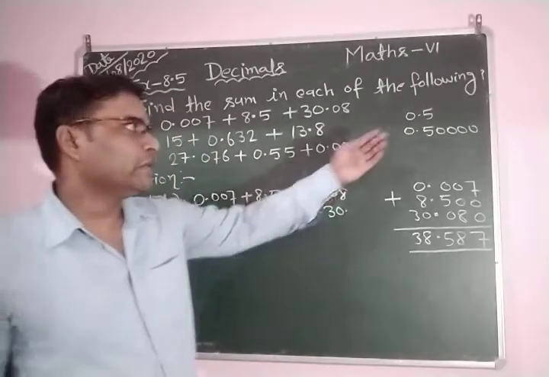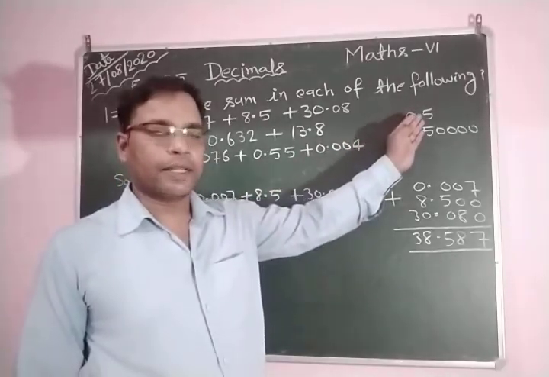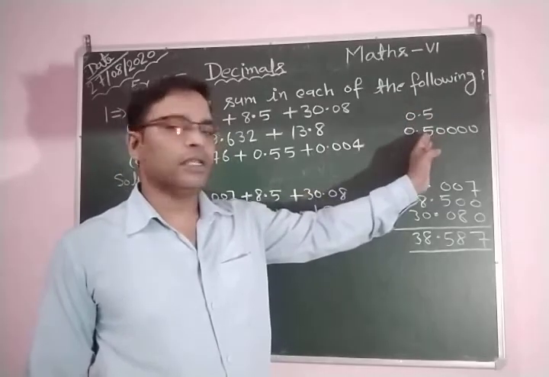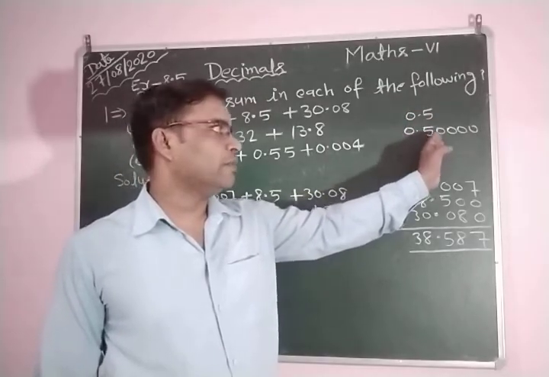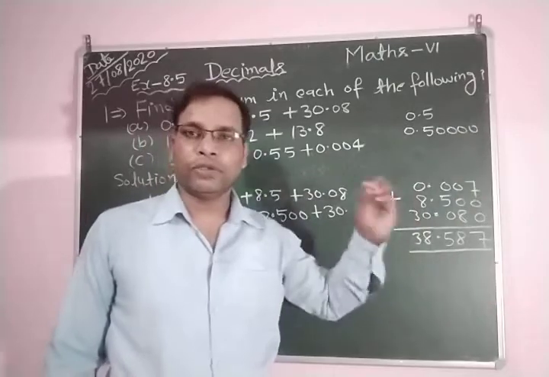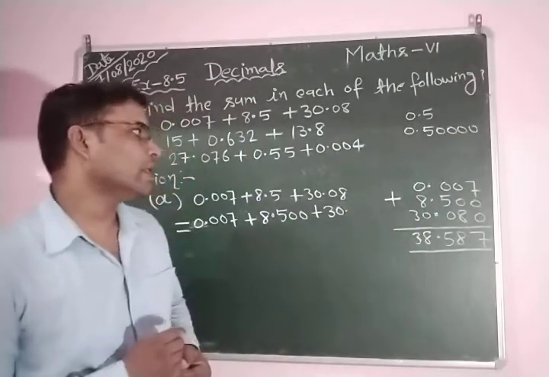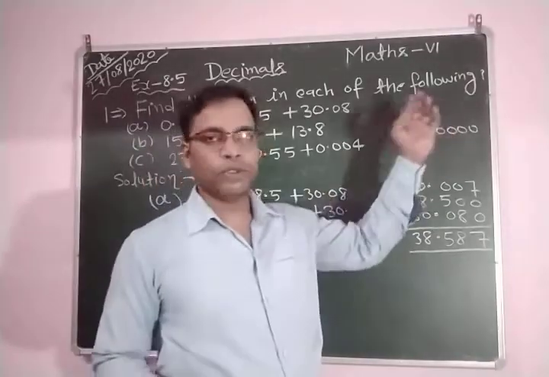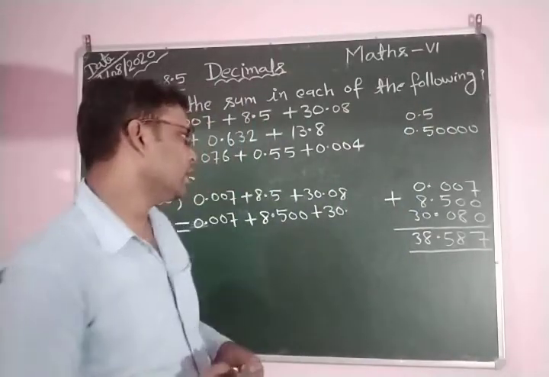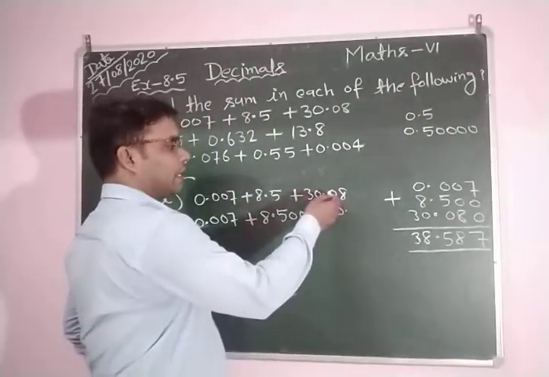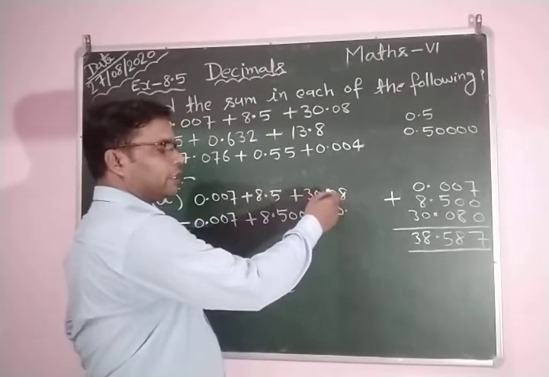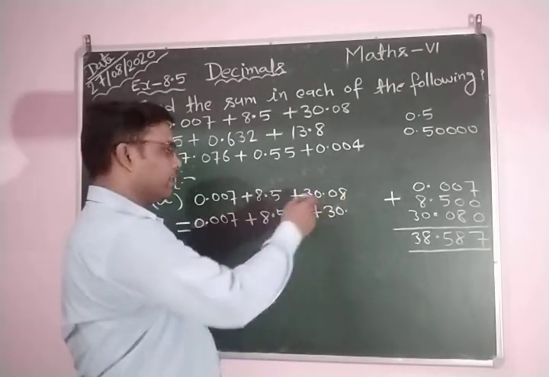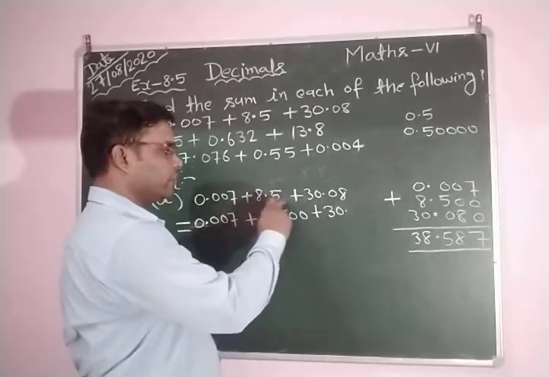Okay, here we can write 0.5 also as 0.5000, any number of 0s according to your need. Okay, but the value of this number is also equal to 0.5. Okay, so here after the decimal only 2 digits here, but here 3 digits, here 1 digit.